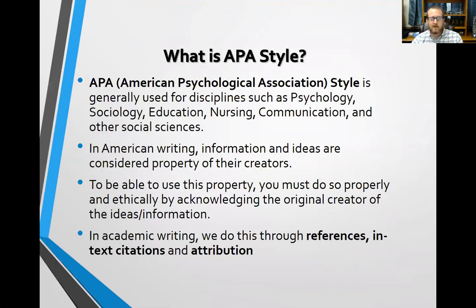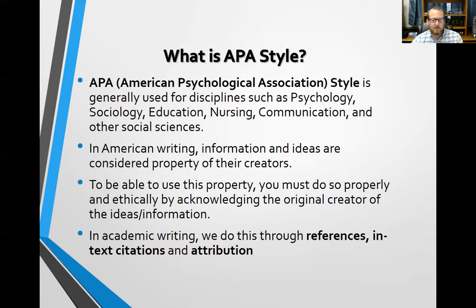Now, when we're talking about APA, the main thing to know is, of course, it's the citation style of the American Psychological Association. Various different fields of study use this citation style. But the main thing I need you to know about APA in general is the reason we cite is because in American writing, information and ideas are considered property of their creators.